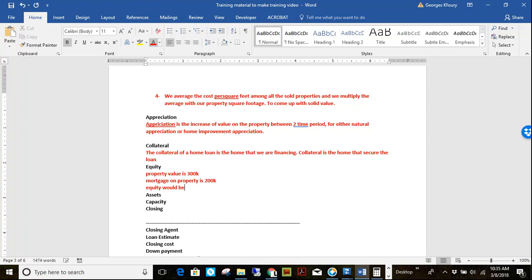Equity would be the difference, which is 300,000 minus 200,000. It will be 100,000 in equity.